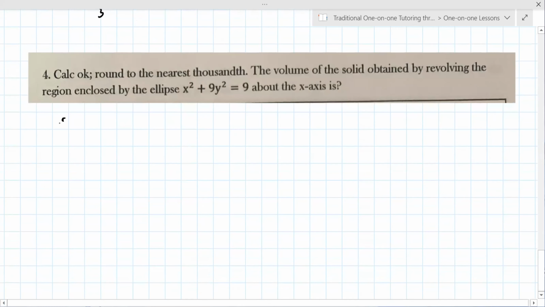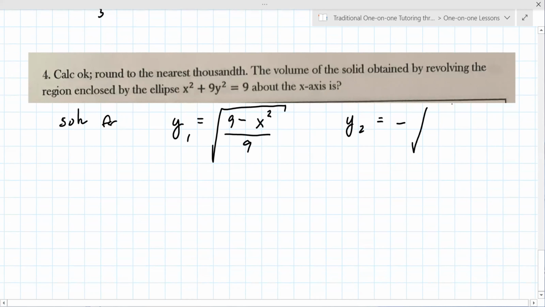To graph it, you would have to solve for y, and you'd end up getting y equals the square root of (9 minus x squared) divided by 9. And then to get both the top and the bottom, you would have to do the negative of it, because when you take the square root, you get plus or minus. You can obviously simplify this, but here's what it looks like.